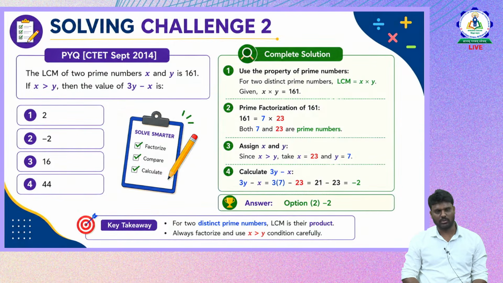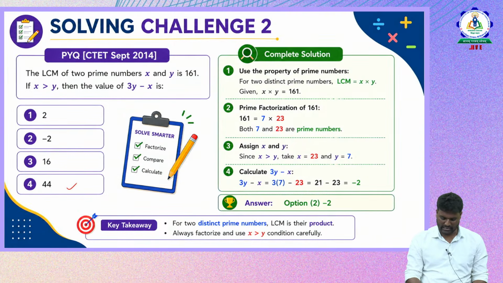We don't know what the two numbers x and y are, we need to identify them. The given options are: first option 2, second option -2, third option 16, and fourth option 44.